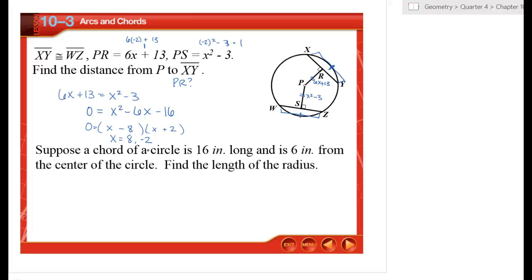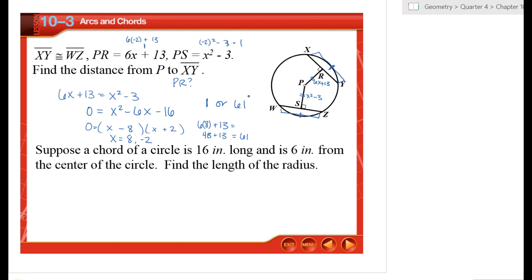In this case, the distance is either 1, or when I plug in 8, I do 6 times 8 plus 13, which gives me 48 plus 13. That's an 8, not a 3. 48 plus 13, which is 61. So you have either 1 or 61. Alright.